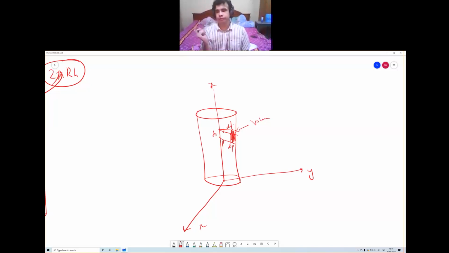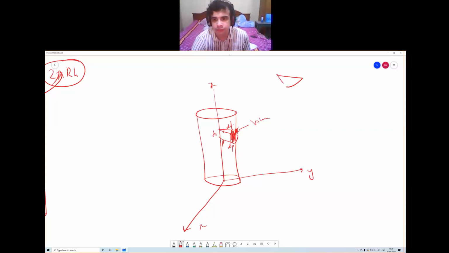How to find it? What is this length? It is like a slice. What is this length, the outer length of the slice?